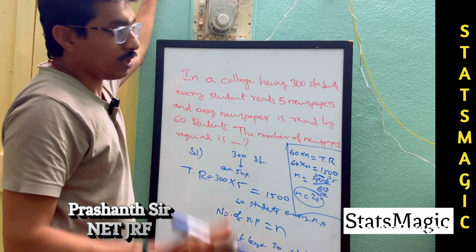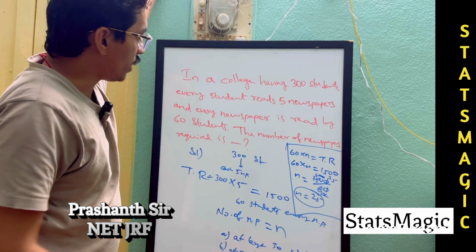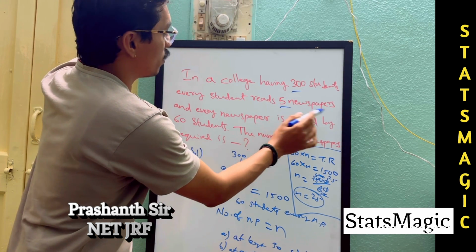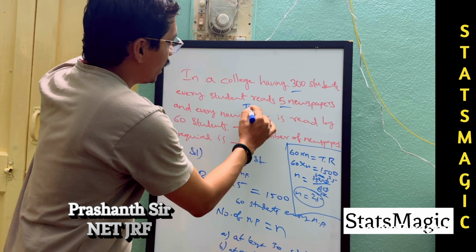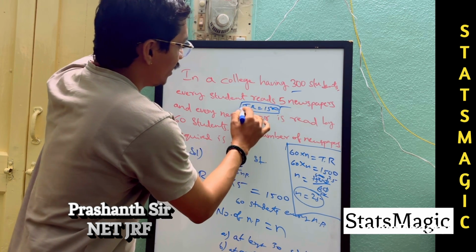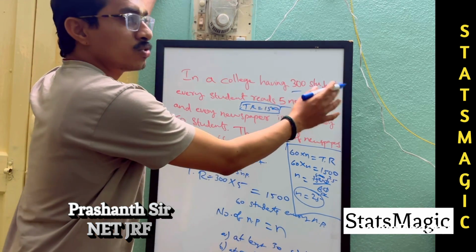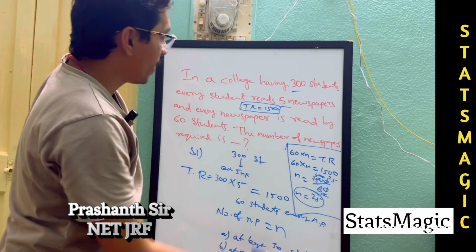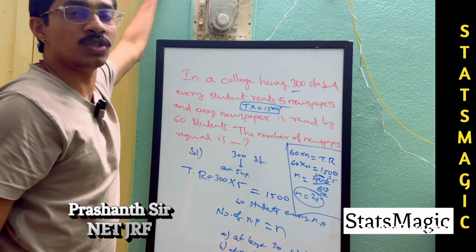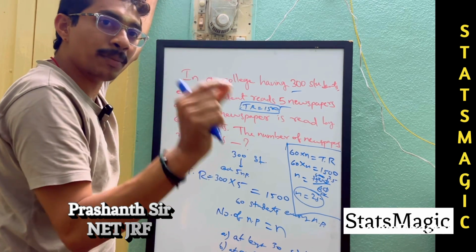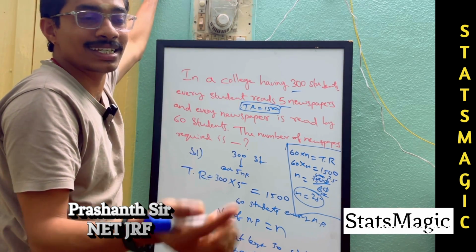Now let us take the other version. Instead of saying 300 students and every student reads 5 newspapers, they have given the total readings, 1500, and every newspaper is read by 60 students. That means 60 into the number of newspapers is equal to total readings.